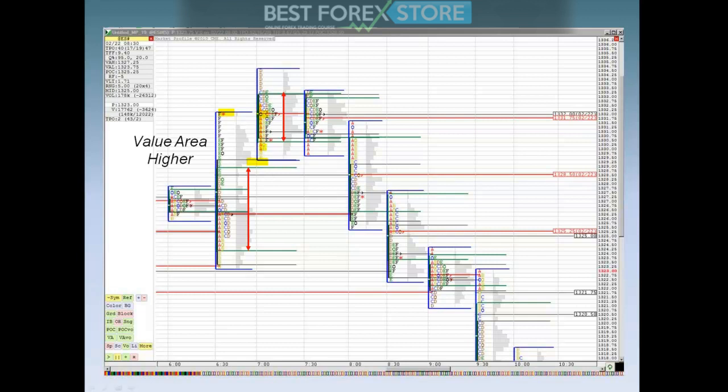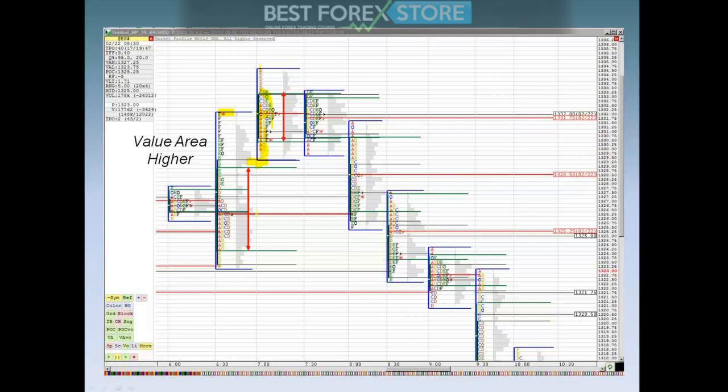So the B period opens, drops a little bit lower, and then we see that it is not even able to make it to the value high and starts moving higher. Another indication, after a strong up candle like this, that if I'm out of the trade, it's time to take a long trade right now. And sure enough, B and C and D take us a little bit higher. As we get up here, you will see the volume dry up, and that's why the range extension started dropping lower.